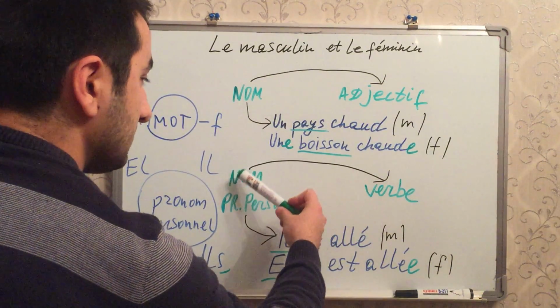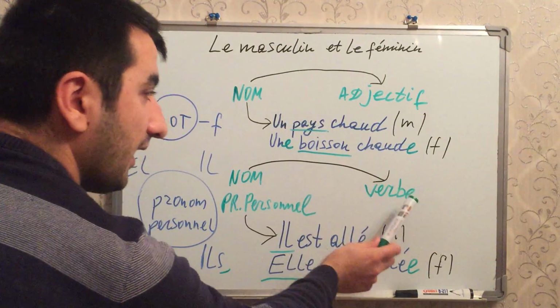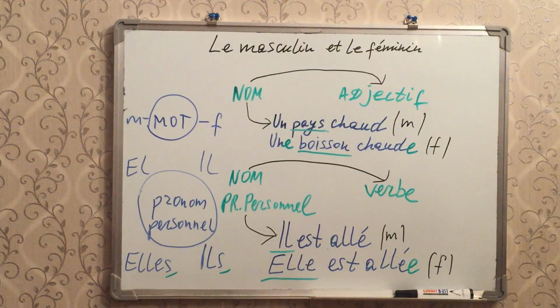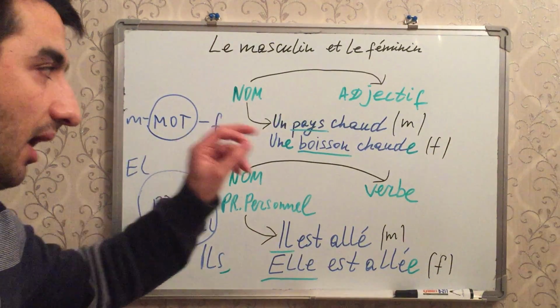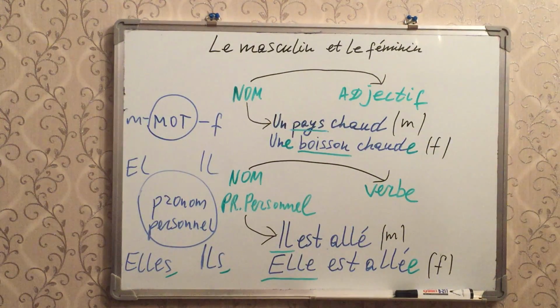Okay, both depend on a verb. Okay, un nom, le pronom personnel, depend upon the verb. Okay, the verb. So let's look at the examples.